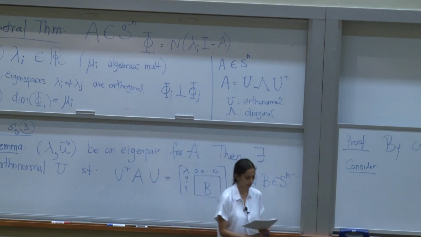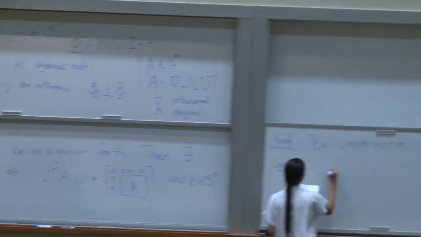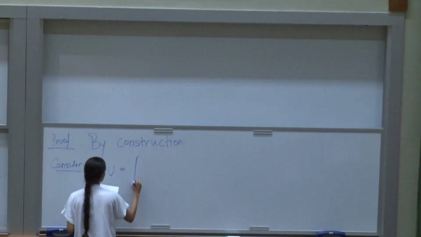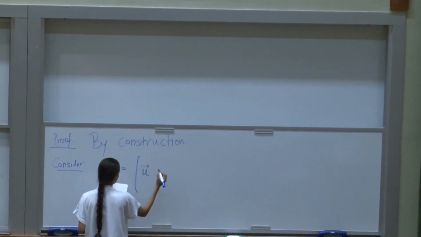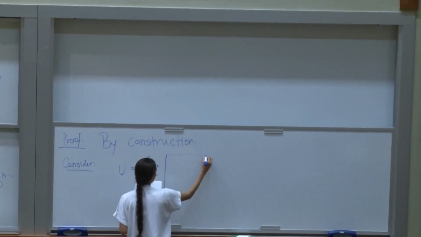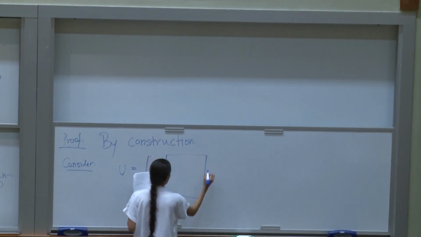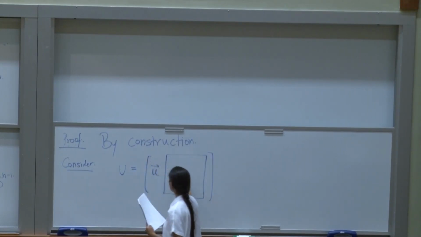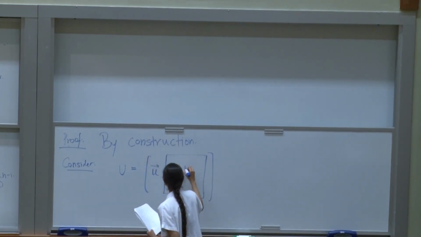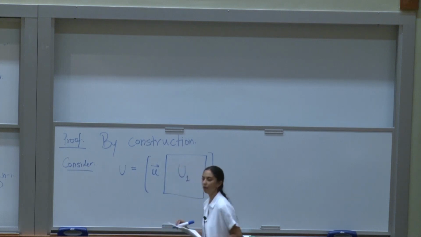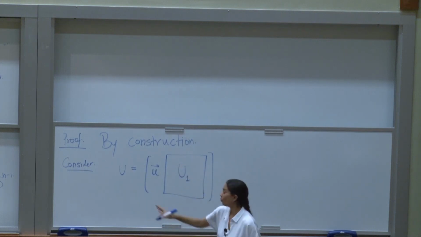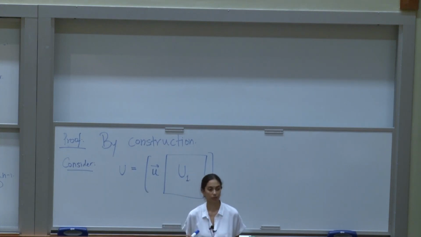So if I consider the following U, which is this u vector followed by something, how am I going to get the rest of this U, this U1? What do I want to be true of U? I want it to be orthonormal.